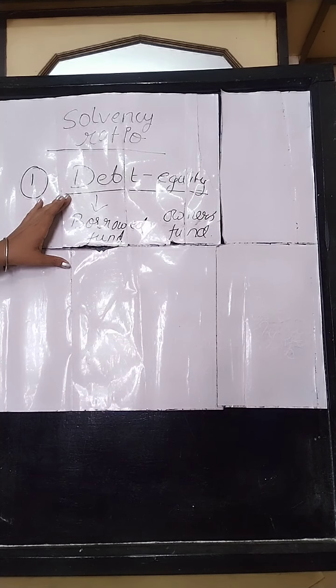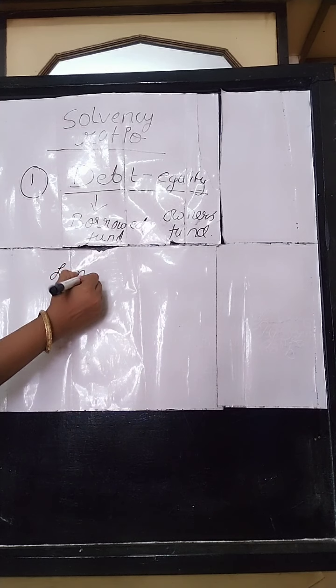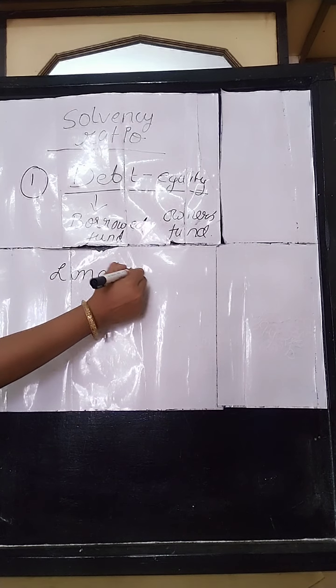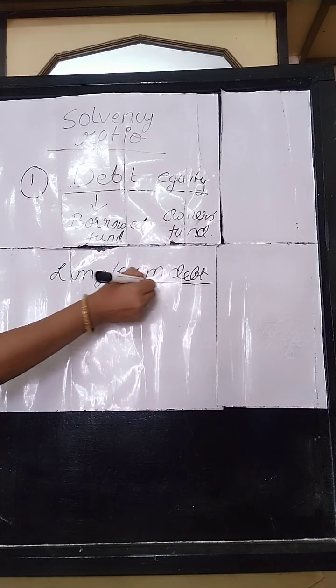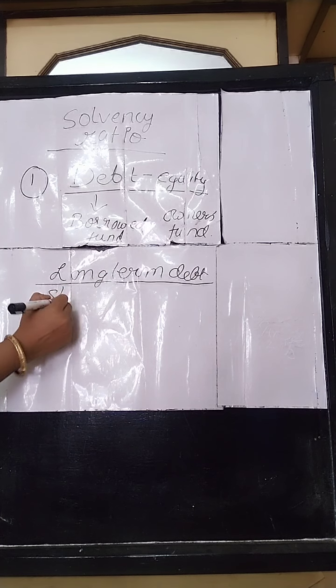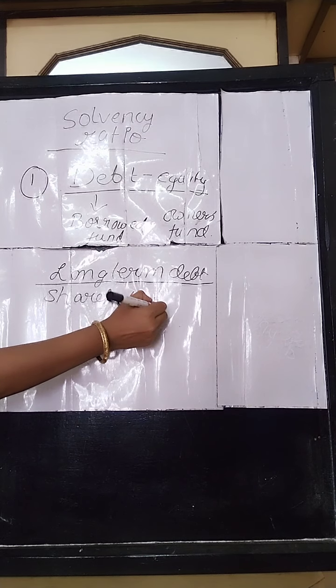Now, how to find out the debt equity ratio? The debt equity ratio formula is long-term debt by shareholders fund.